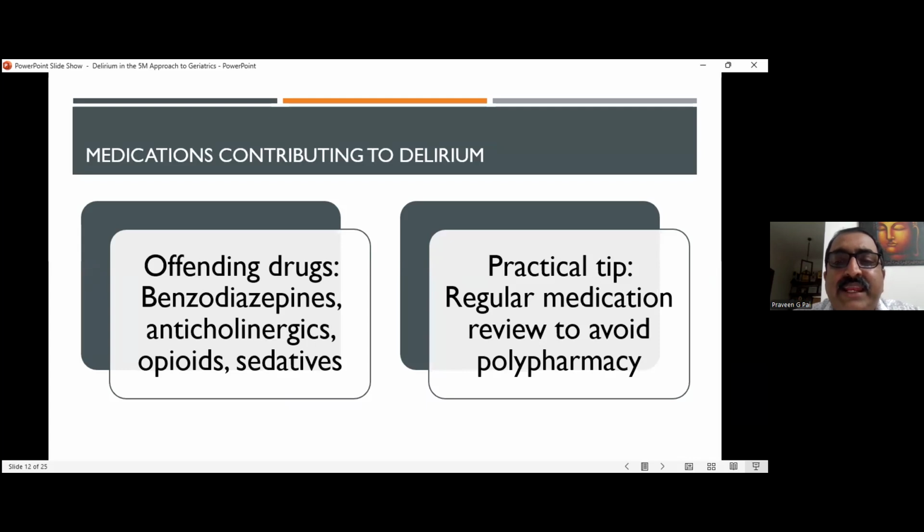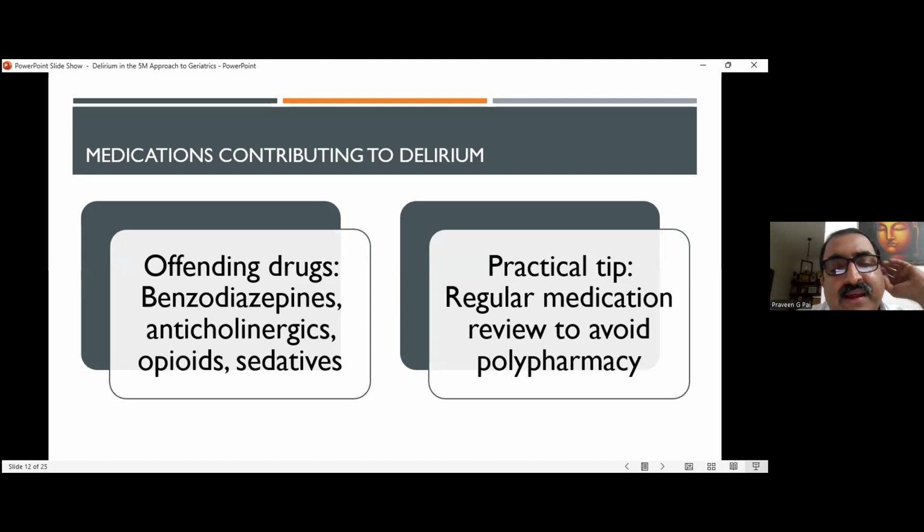One good thing is every healthcare professional in modern medicine should have the basic knowledge of what medicine does to the body, how it affects the physiology, how it affects the mentation of a person, and should identify early any adverse reaction or adverse event. It need not be an allergy or anything. It can be even delirium or such things. So whenever there is a doubt, like something is going wrong, then revisit the medication.